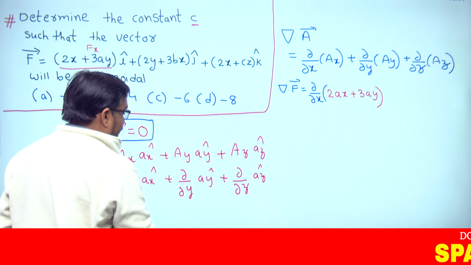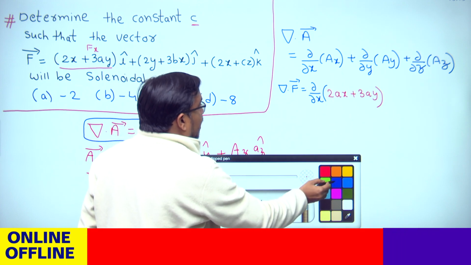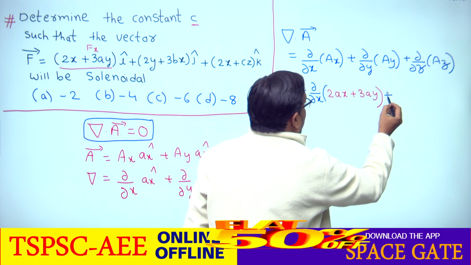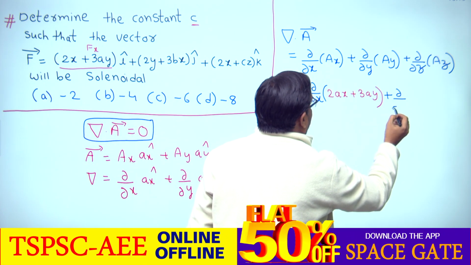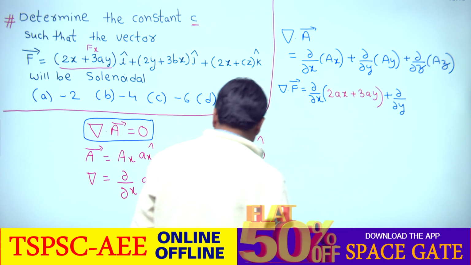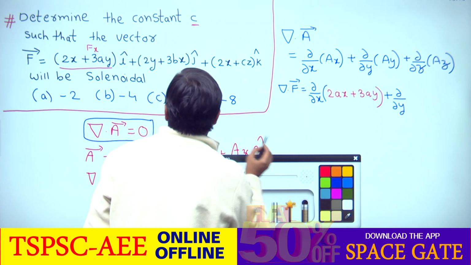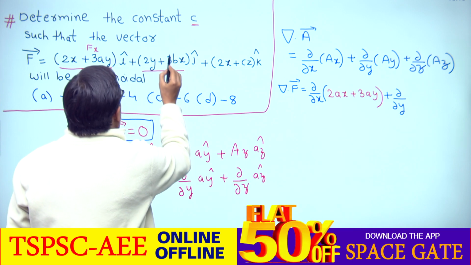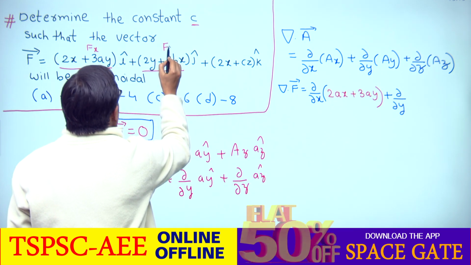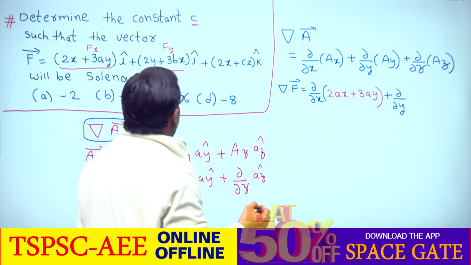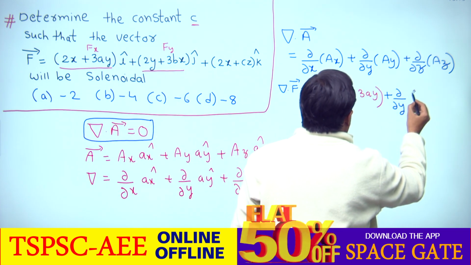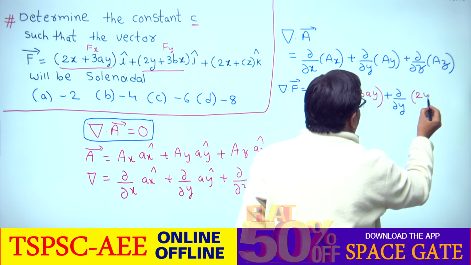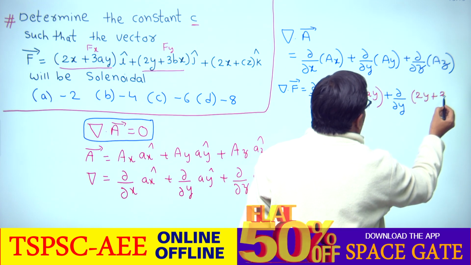Similarly, plus dou by dou y of fy, the magnitude of the vector f along the y direction, which equals 2y plus 3bx.